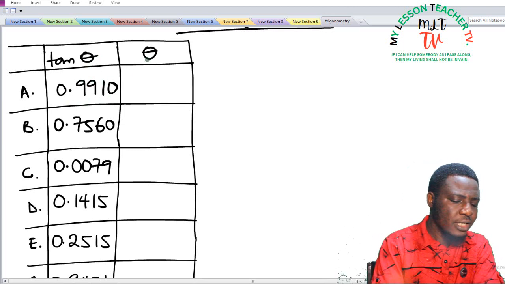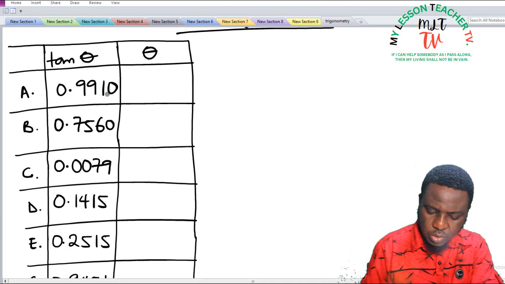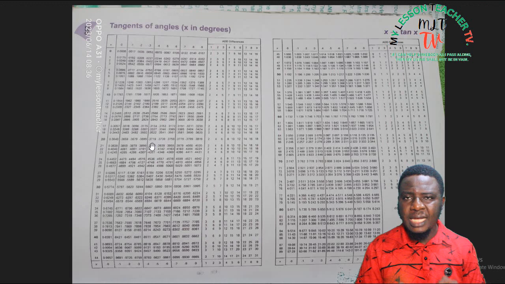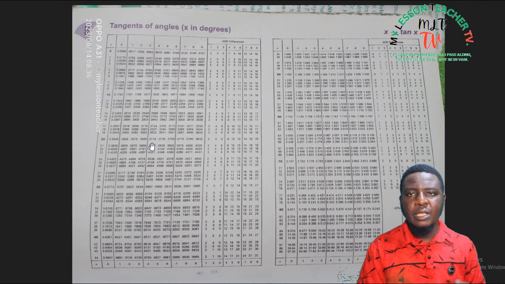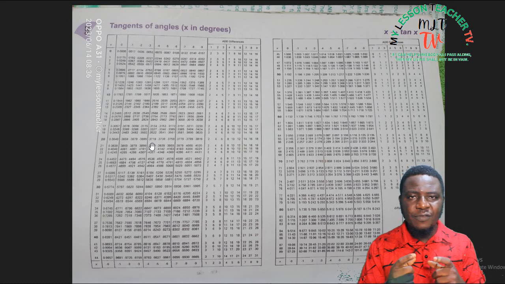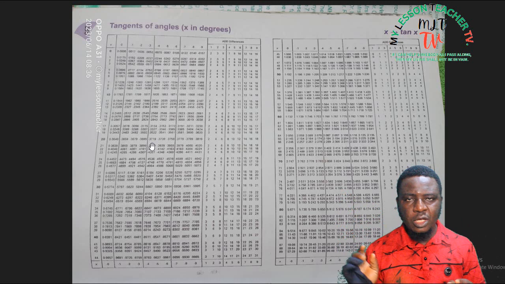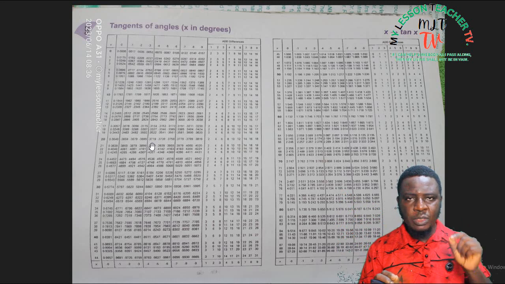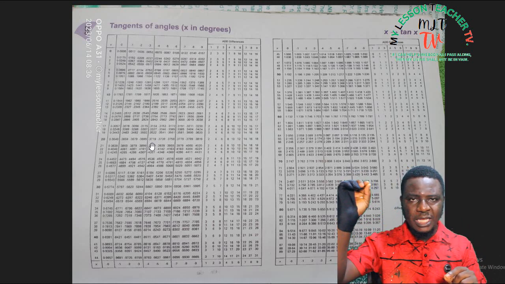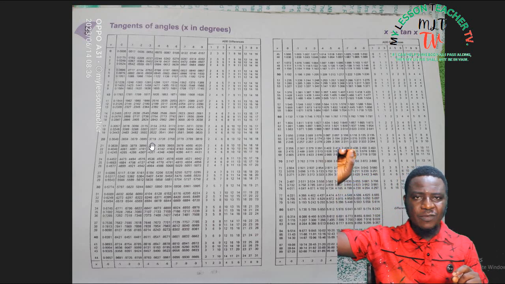We are asked to find the angle whose tangent is 0.9910. So go to your table. The tangent table is different from the cosine and sine tables that have a range of 0 to 1. The tangent table has a range from minus infinity to positive infinity.